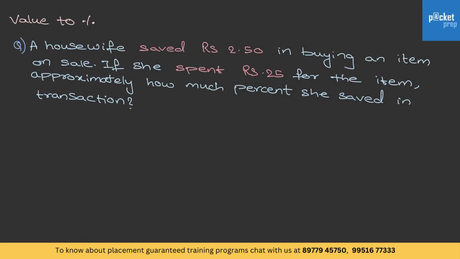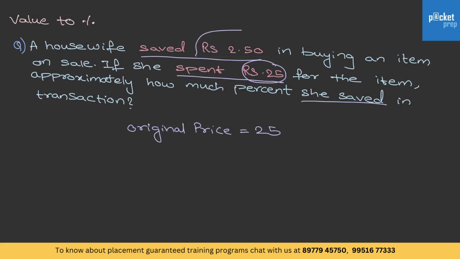Here is a question related to value to percentage. In this question, it is given that a housewife saved rupees 2.5 in buying an item on sale, and given that she spent 25 rupees, they're asking us what percentage she saved. First, let's find the original price. Original price is equal to what she has spent, 25, plus what she saved, 2.5.